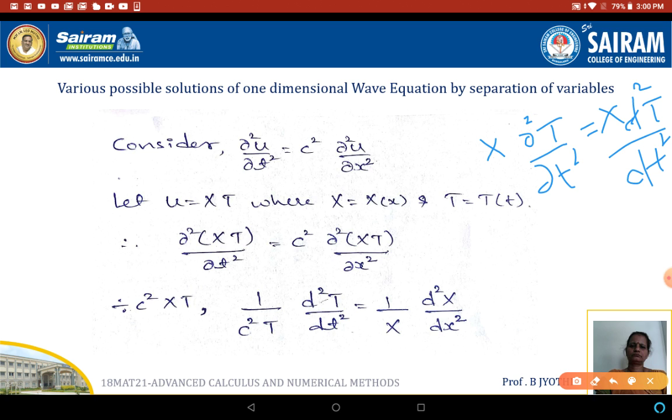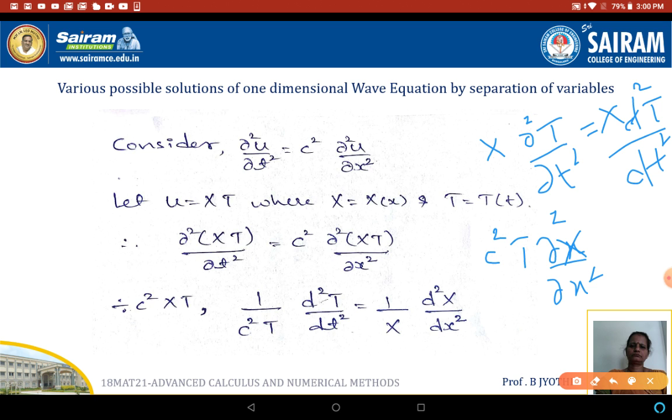Similarly in the right hand side, when we differentiate with respect to x, c² times T will be constant and is taken outside, and we get ∂²X/∂x², but X is a function of x alone.